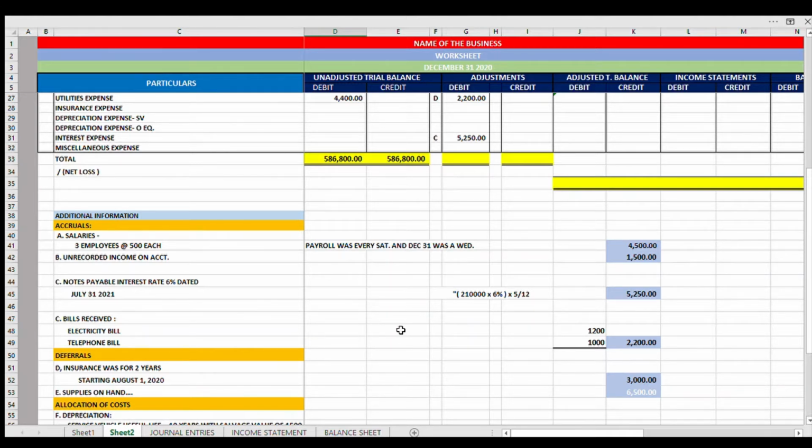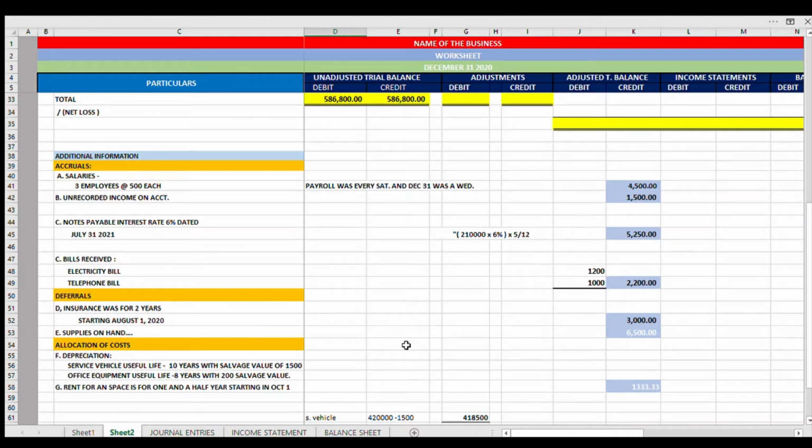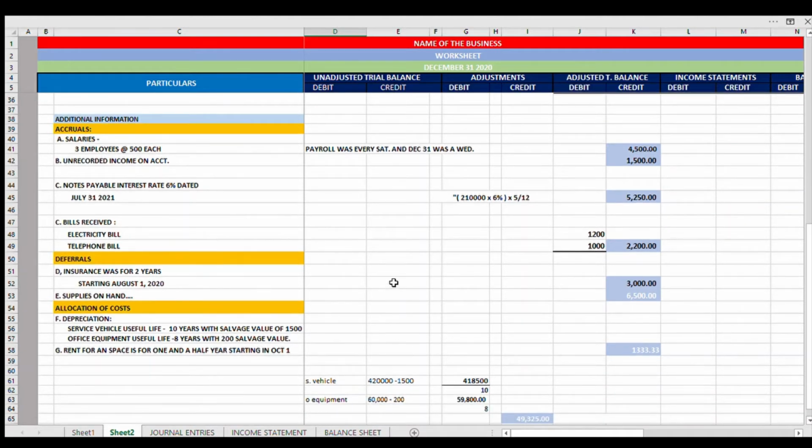So 24 months multiplied by 5, or rather 24 months. So on a monthly basis, we will get the amount of, let's compute it, ating calculator, 14,000 divided by 24 times 5.